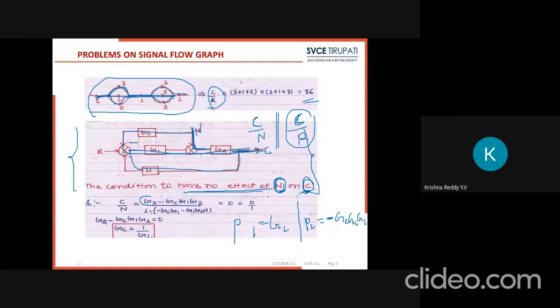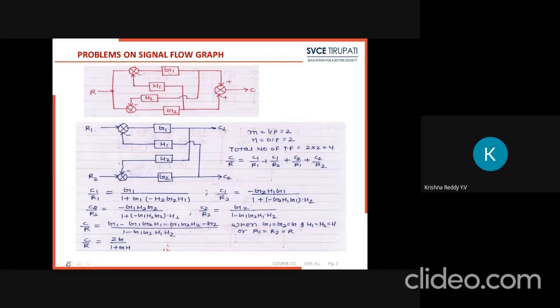Delta is equal to, sorry, we are having two loops. This is one loop, minus GC, G1. This one also one loop, minus G1, G2, H1. Equating this transfer function to 0, we are getting the condition GC is equal to 1 by G1. When you are designing GC equal to 1 by G1, we are not having any noise effect on the output.